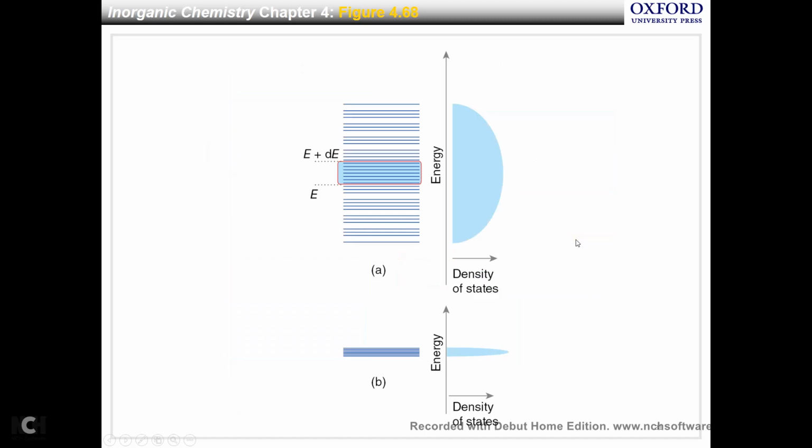So now let's look at a new concept. It's the so-called density of states. The density of states is simply the number of energy levels divided by dE. So again, between energy E and energy E plus dE, we have a number of molecular orbitals. All right? The number of molecular orbitals or energy levels divided by this dE is the density of states.